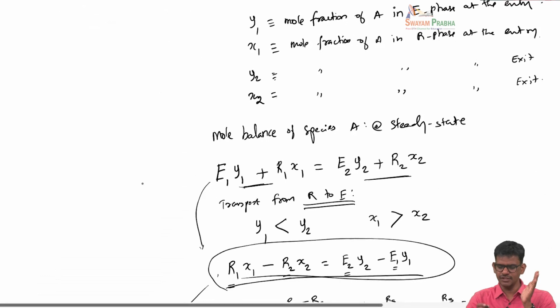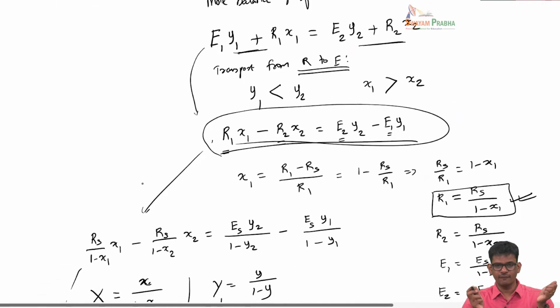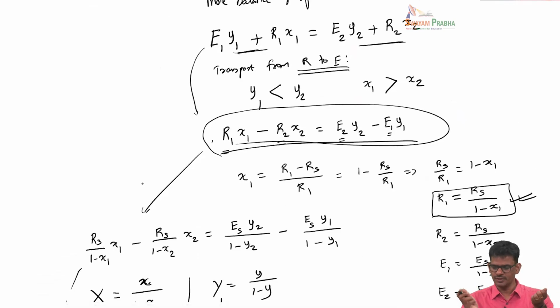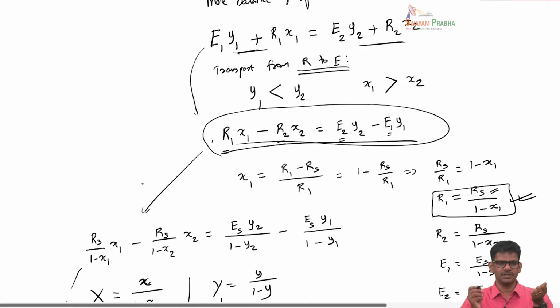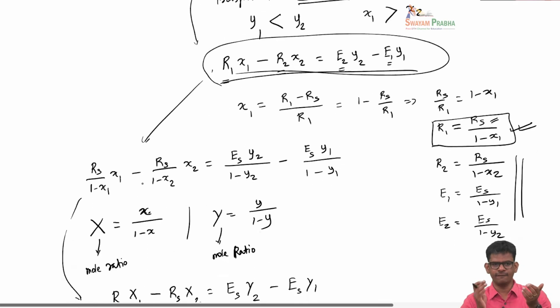Only change we need to do here is we are going to replace the molar flow rates R1, R2, E1, E2 in terms of the solute free molar flow rate, which is the solvent flow rate. Okay, that is Rs and Es. So these are the set of equations that relate the molar flow rates to the solvent molar flow rates.